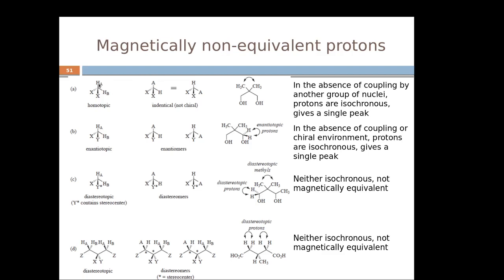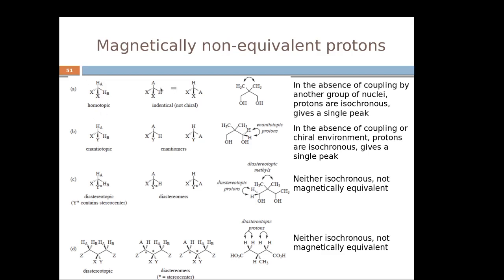If you replace HA with A, you get this configuration, and if you replace proton B with A, you get this configuration. But you can see that the stereochemistry suggests these two molecules are identical. That is what a homotopic molecule means.